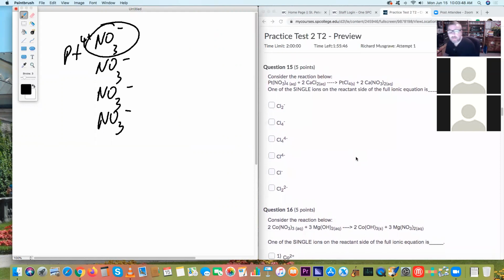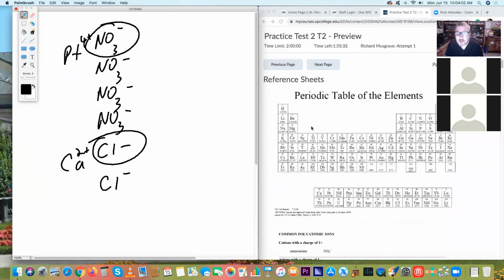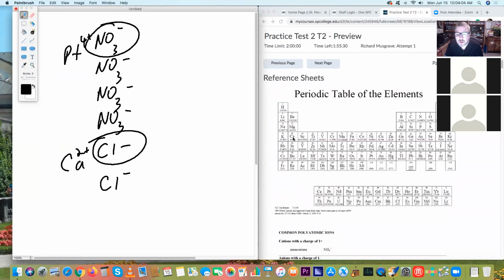This one here, it's a CaCl2 that we're interested in. So Cl minus, and Ca2+. And we can always get, for those kinds of ions like Ca, it's in group 2, so we know it's 2 plus.